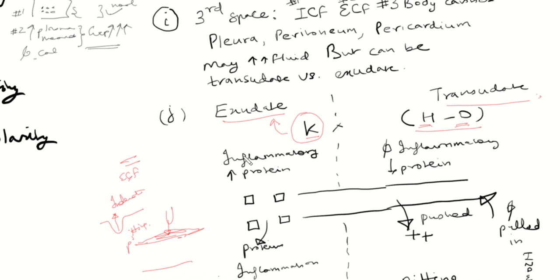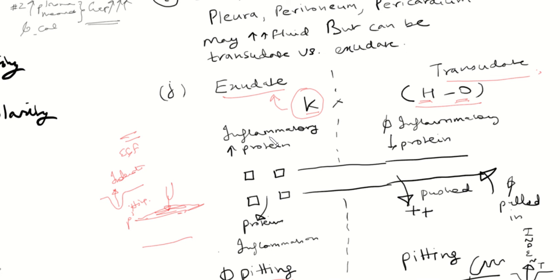If it's inflammatory, proteinaceous in nature, it's exudate, otherwise it's transudate. That helps you figure out what it is. If it's hydrostatic pressure minus oncotic pressure, that's a different set of problems to deal with, versus if it's an infection or cancer, which is causing these proteins to leak out and this inflammation to happen.